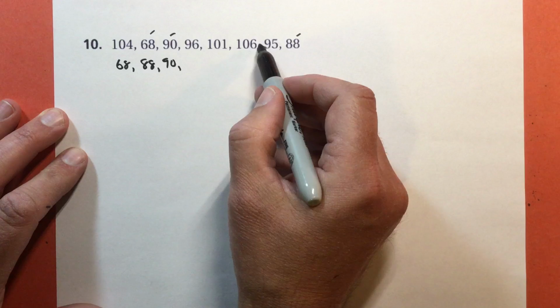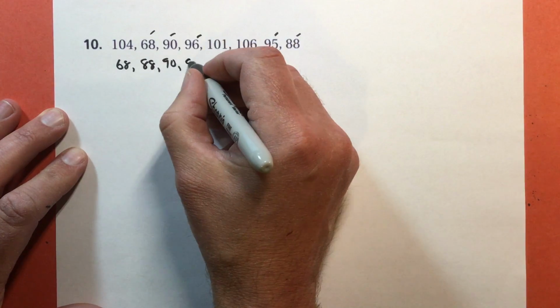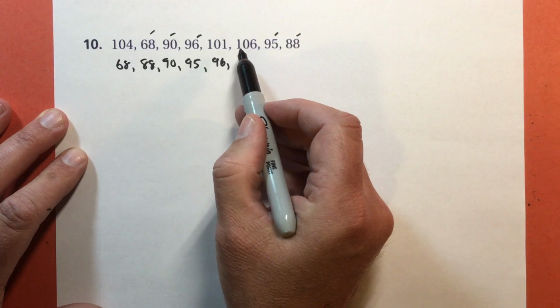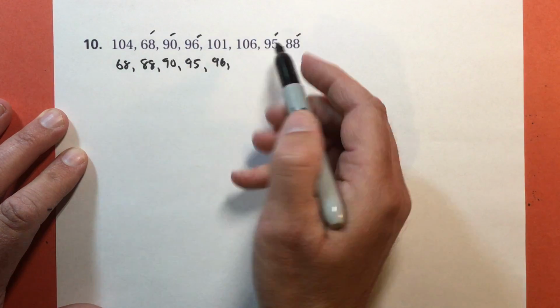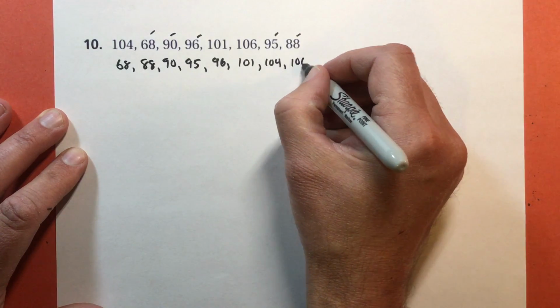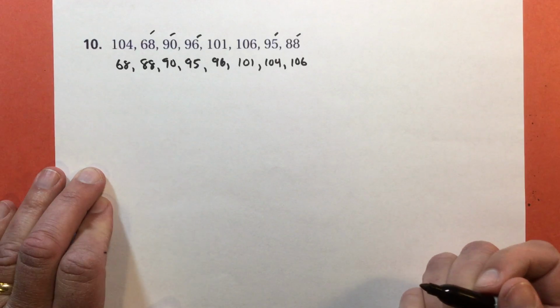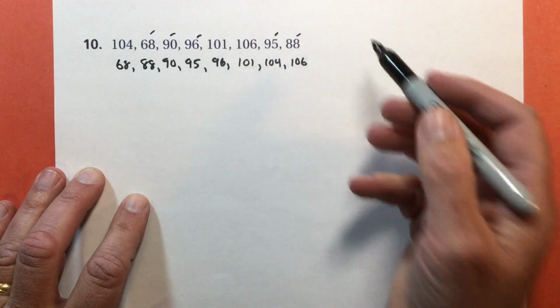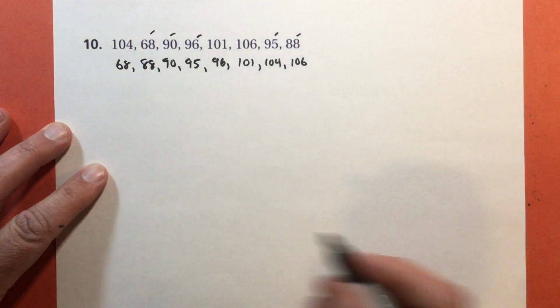I got a 96 and a 95. So we'll do 95, 96. The rest of them are in the hundreds, so I got 101, 104, 106. Sound like I'm calling out FM stations. Again, I'm lining up my commas so that I didn't lose anything.